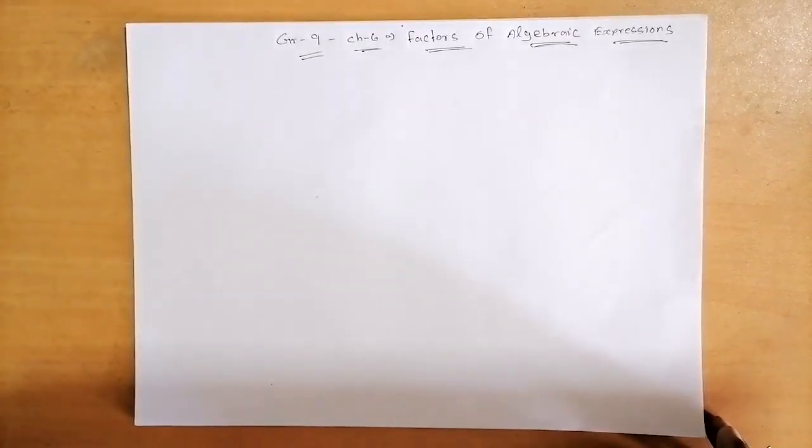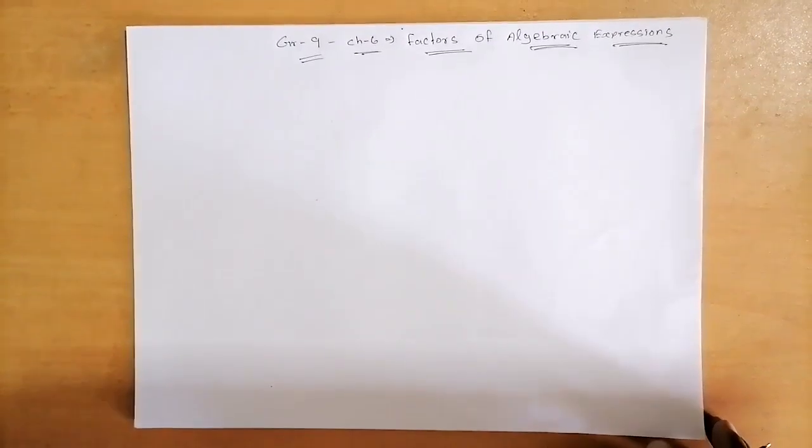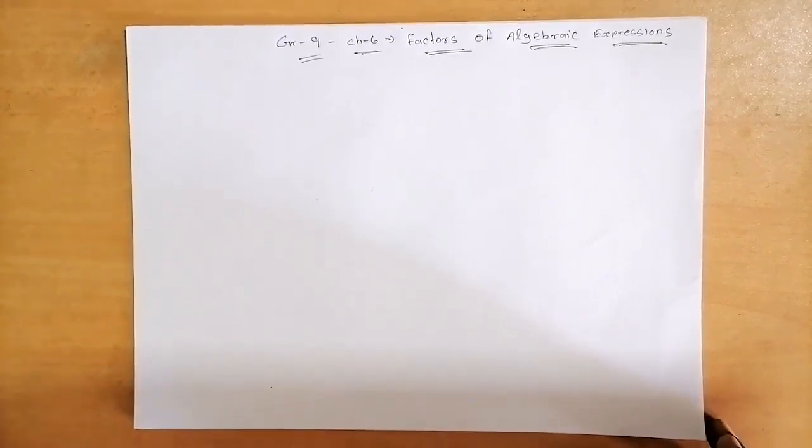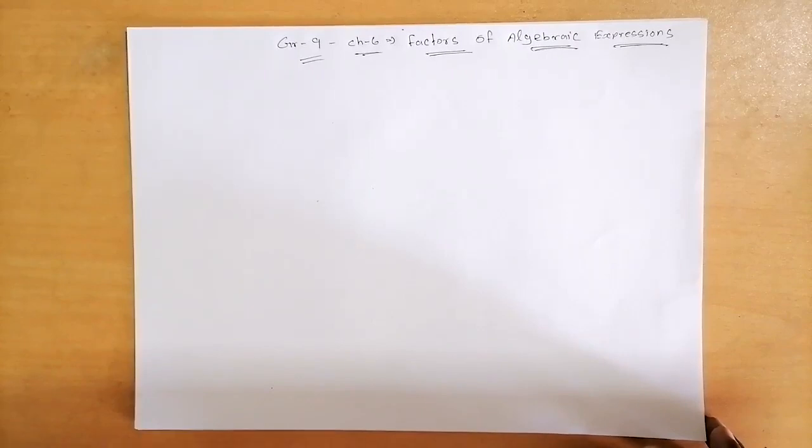Grade 9 students, today in this video we are going to start a new lesson, chapter 6, factors of algebraic expression. Before we go to the lesson, we are going to recall some of the terms and theories we studied in grade 8.